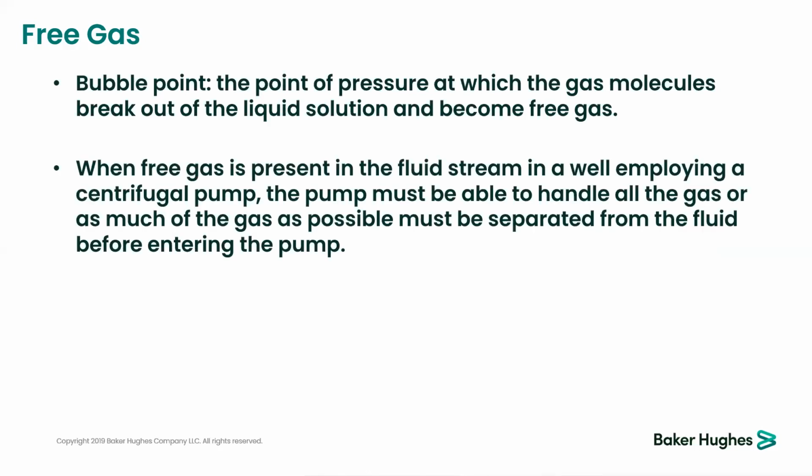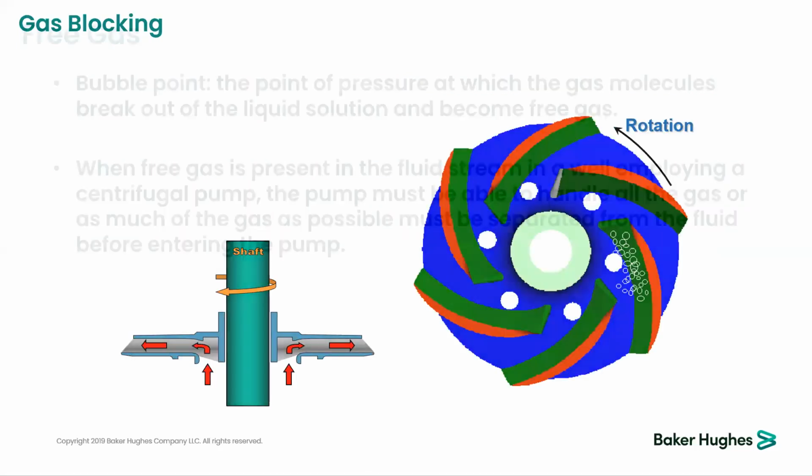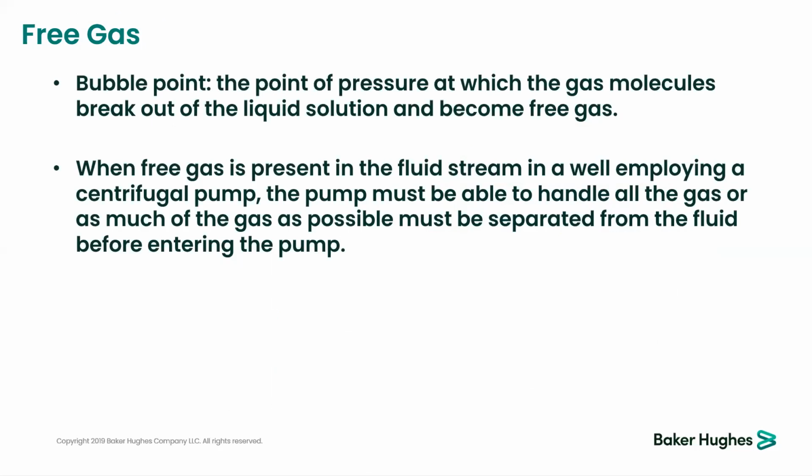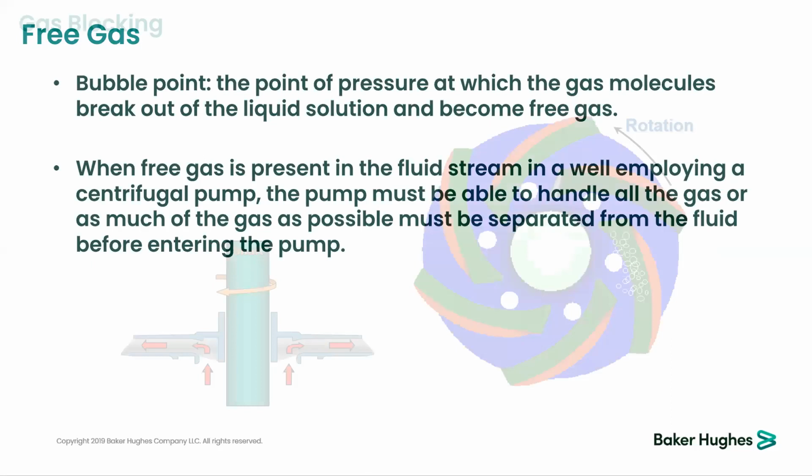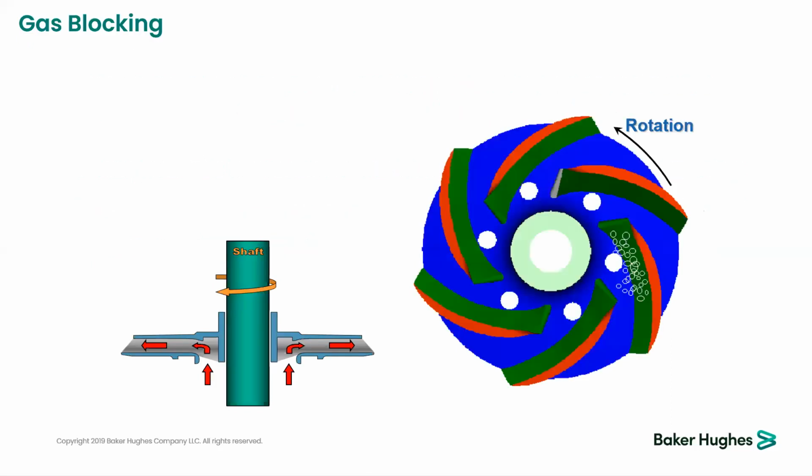When that free gas is present in the fluid in a well running with ESP, the pump should be able to handle the gas. Otherwise, the pump will be locked and cannot handle the flow.